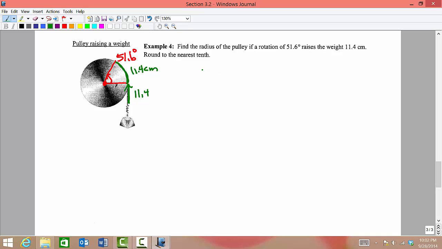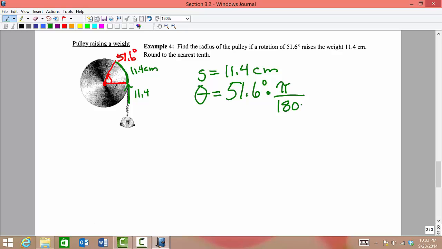We know the arc length, S, is 11.4 centimeters. We also know that our angle theta is 51.6 degrees. We also want to convert that to radians, so we'll make sure that we multiply that by pi divided by 180. And what we're looking for then is the radius of the pulley.